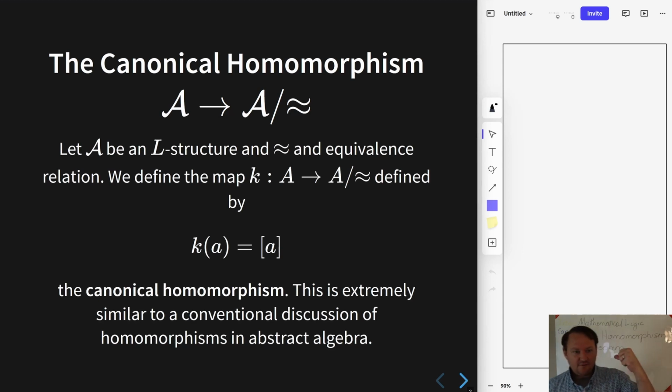So if you have a structure A and we form the quotient structure, the canonical homomorphism is a map from the full structure to the quotient structure, defined by mapping every element to its equivalence class.